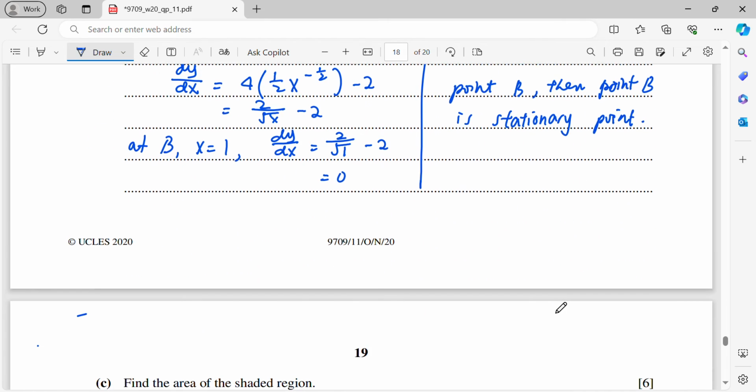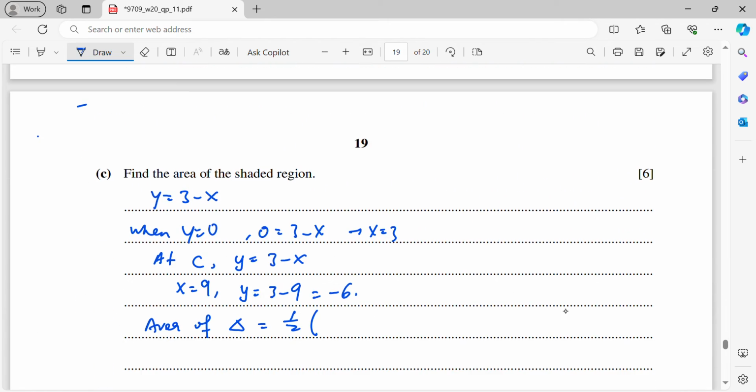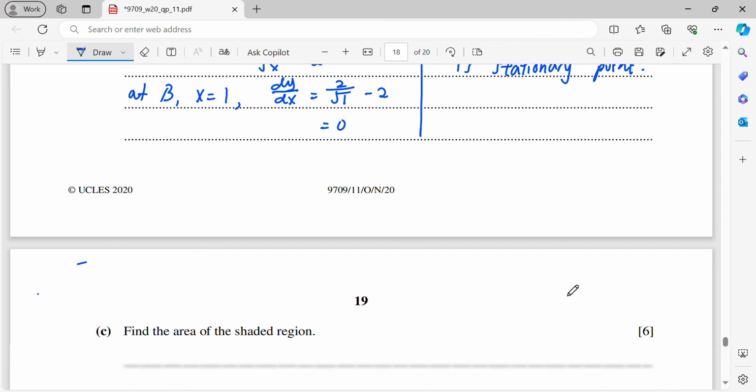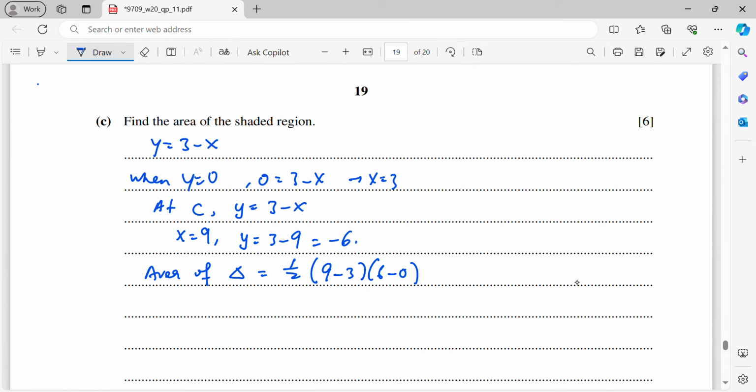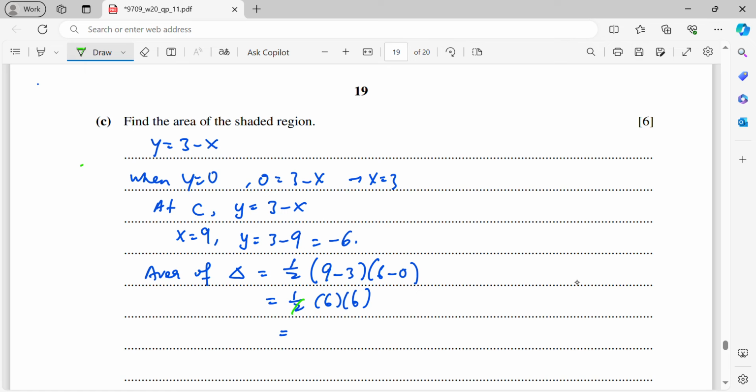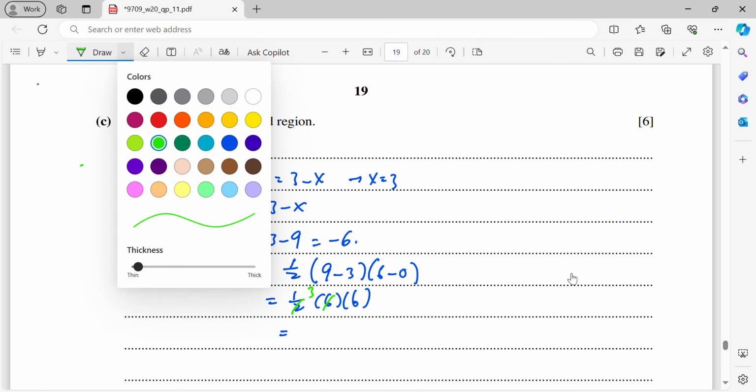So 9 minus 3, then 6 minus 0. Okay. Then here I will get half of 6 times 6, which is, okay, simplify first, 18.